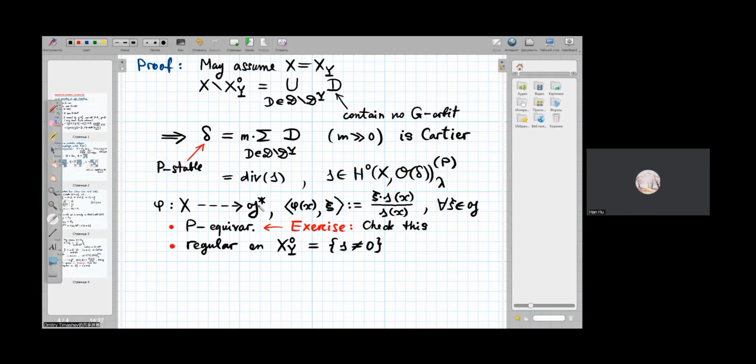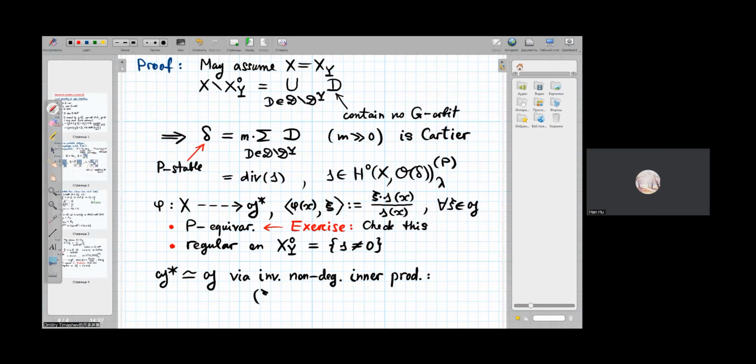Now there is a sort of digression. First, we can identify the dual of the Lie algebra with the Lie algebra itself via an invariant non-degenerate inner product. On the Lie algebra g, we may define an inner product as follows.